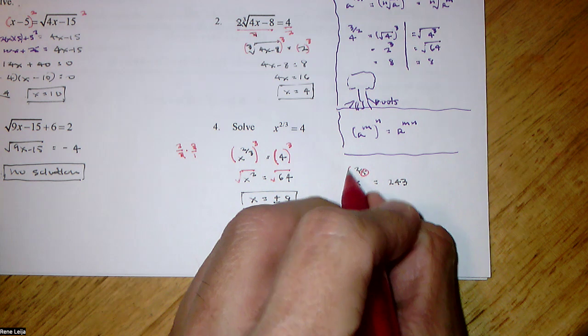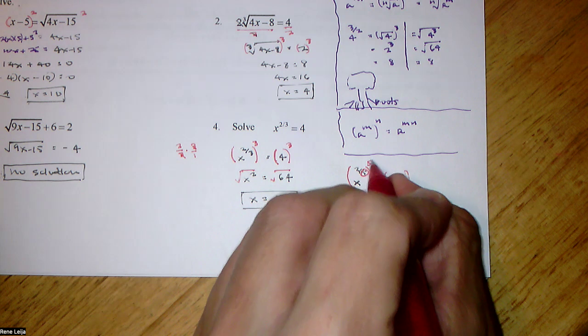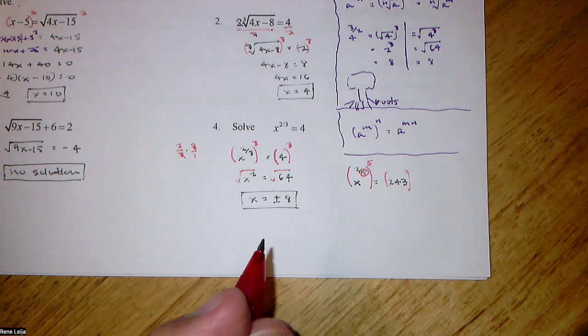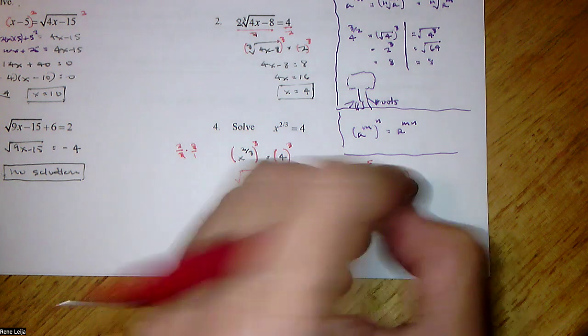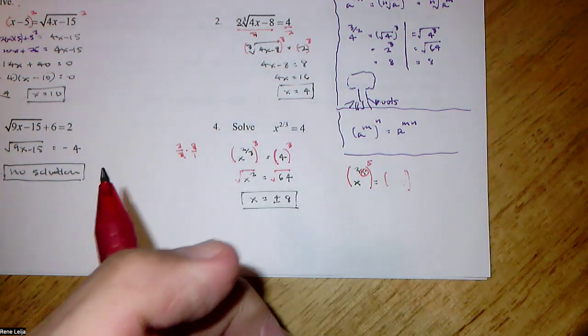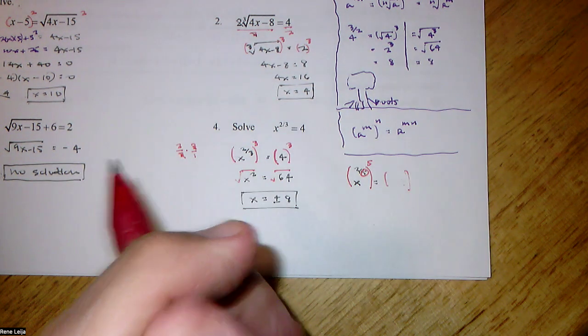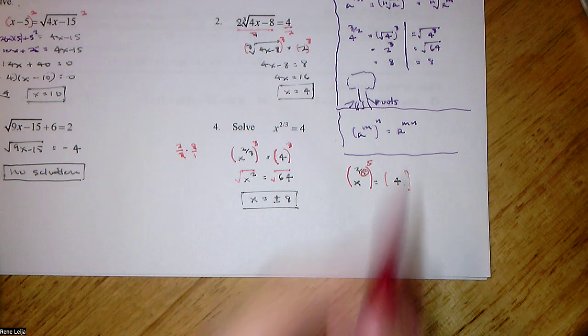I need that to go away. So I'm going to raise both sides to the 5th. Oh, I didn't want to do that. Sorry. Let's change this number. Let me pause this and get a good number. Okay, let's go ahead and change that to a 4. We're going to use 4 again. So then we're going to raise both sides to the 5th power.